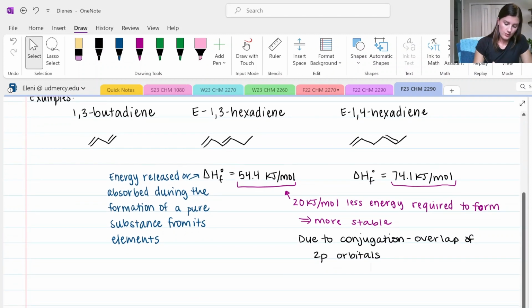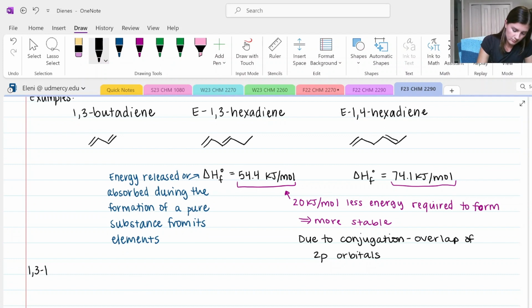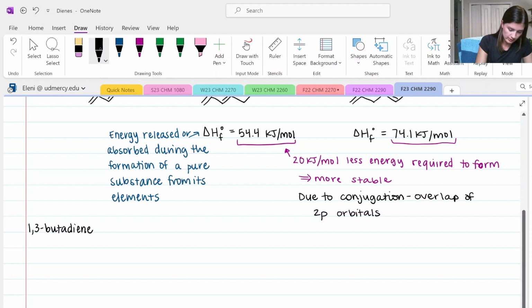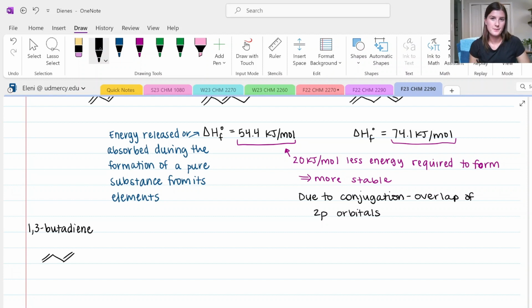So if we have 1,3-butadiene, a little bit more detail about this molecule. I'll redraw that skeletal structure where we have 4 carbons in a chain and then 2 double bonds.